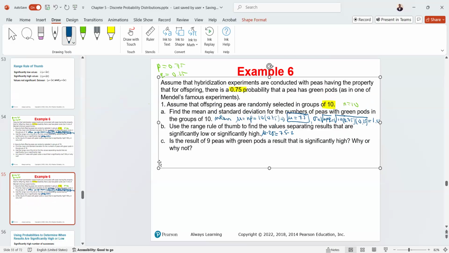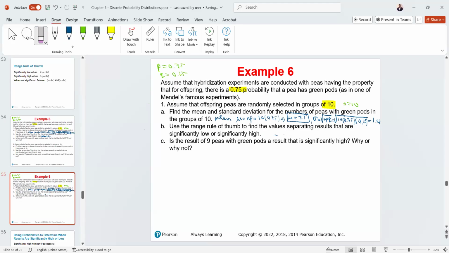When I keep it this way, the first thing I'm going to verify, because I have enough space for now, let's do it down here. For B, we said we need to do the mean minus 2 standard deviations for significantly low.